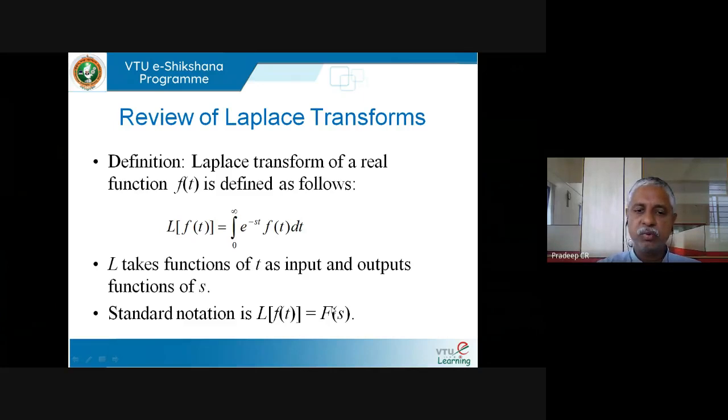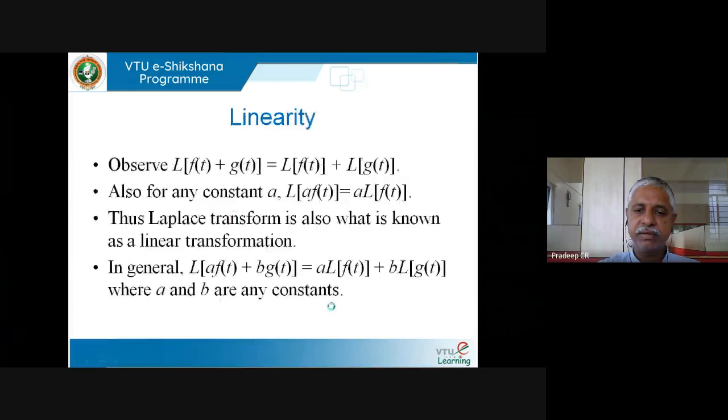And one of the most important properties which we have exploited is linearity. Laplace transform is a linear transformation, which means if you give me two functions f and g, L of f(t) plus g(t) is L of f(t) plus L of g(t). And similarly, if you give me any real number or even complex number a, L of a f(t) is a times L of f(t).